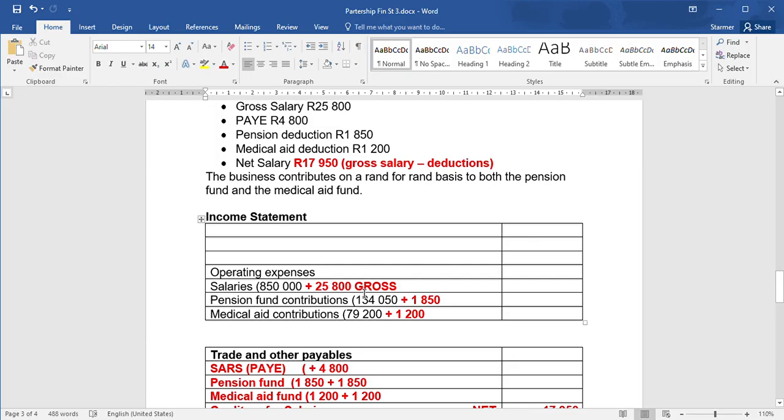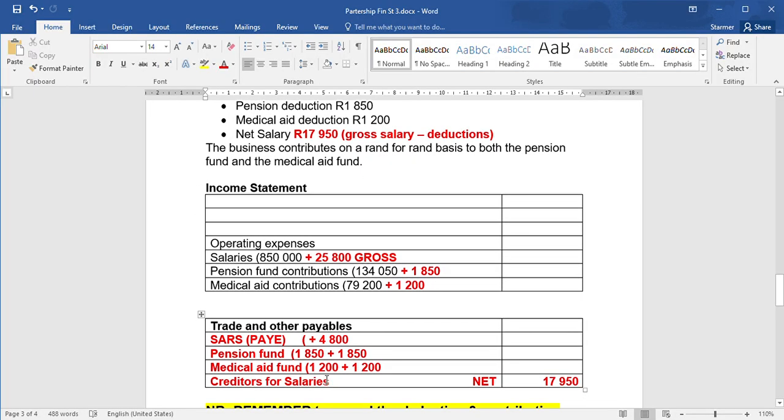Because we haven't recorded the salary, we haven't recorded enough here, so we're going to add the gross salary. But that salary doesn't all go to one person. So in the payables note, we're going to break up that 25,800 and record it in terms of who is owed what. So of the 25,800, SARS is owed 4,800. Pension is owed 1,850. Medical aid is owed 1,200.